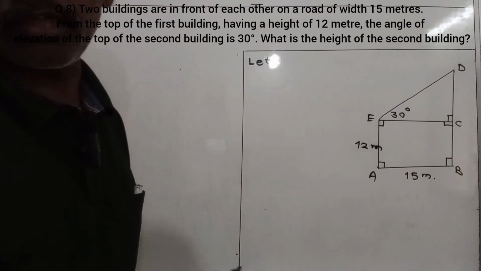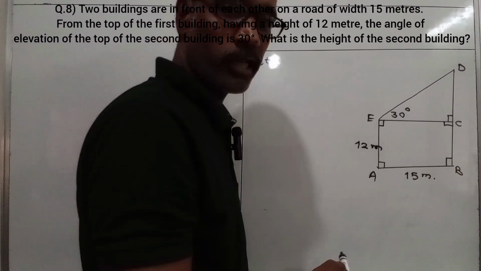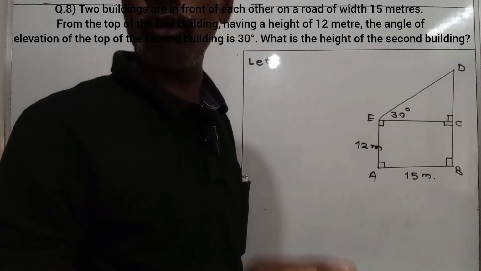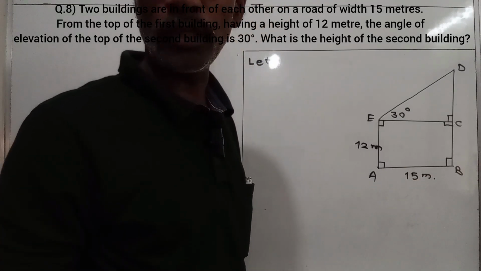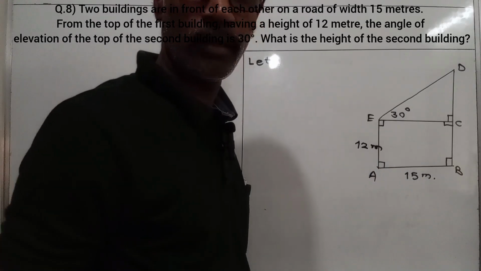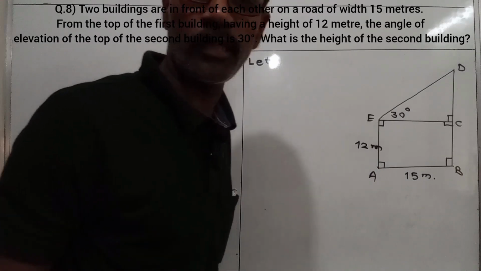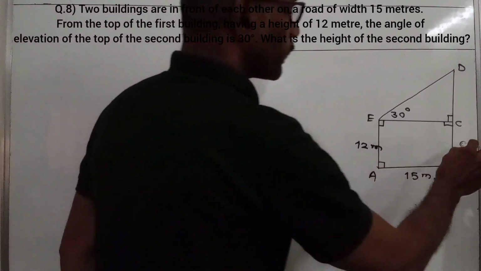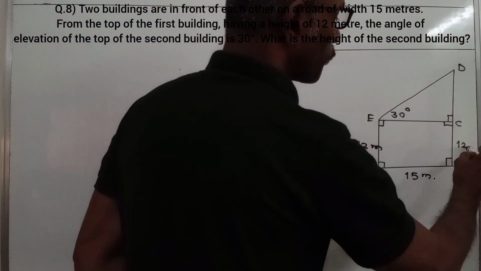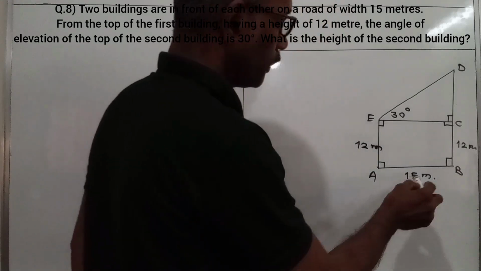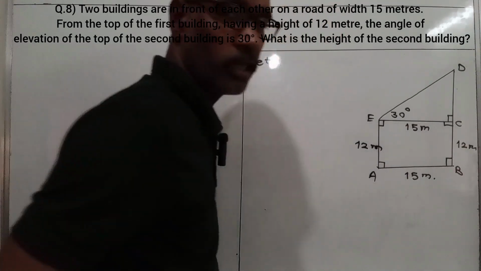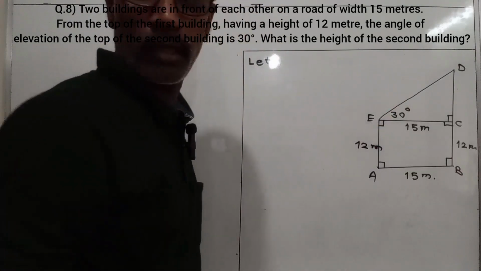So this quadrilateral ABCE is called a right angled quadrilateral. Now in this right angled quadrilateral, adjacent sides are not congruent, 12 and 15. So this right angled quadrilateral is called a rectangle. Opposite sides of a rectangle are congruent.